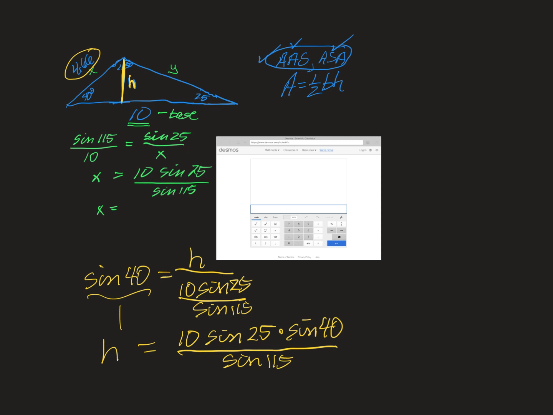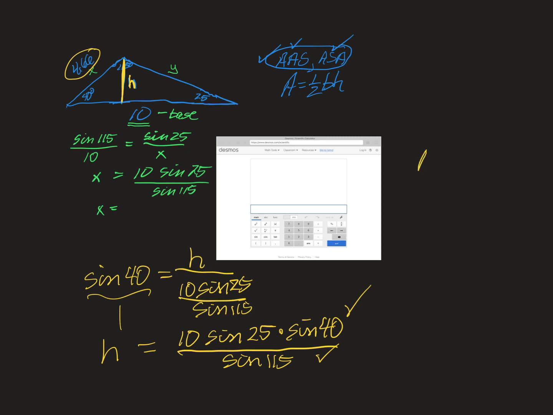So notice how I take the sine of all the angles. So the two angles around the side are multiplied together, and then it's divided by the sine of the angle opposite the given side. And this is what the height is as a number, as you multiply it all through.